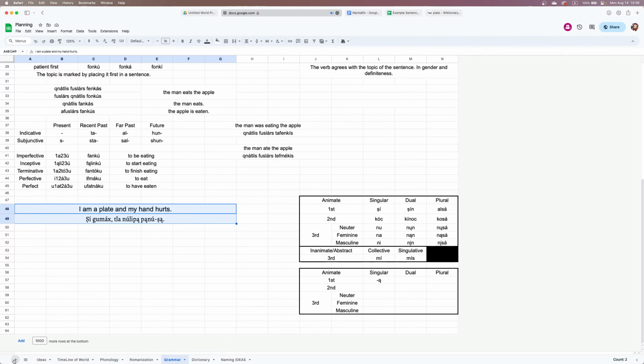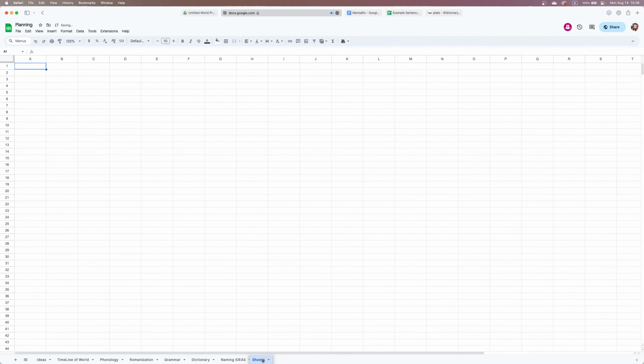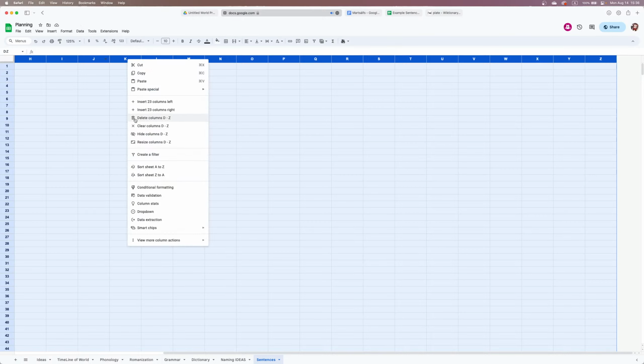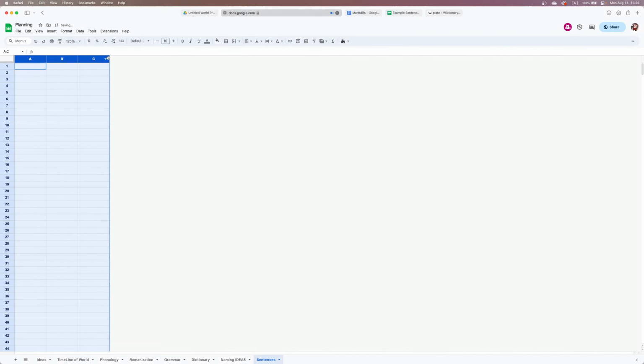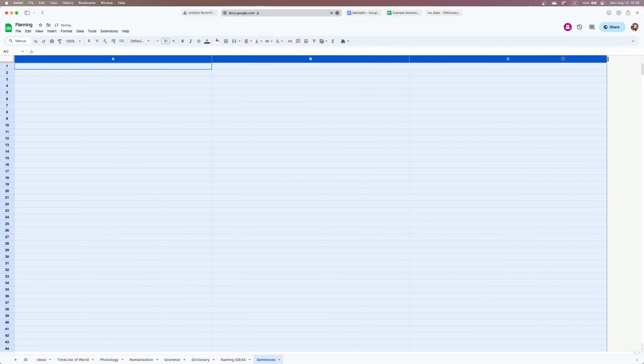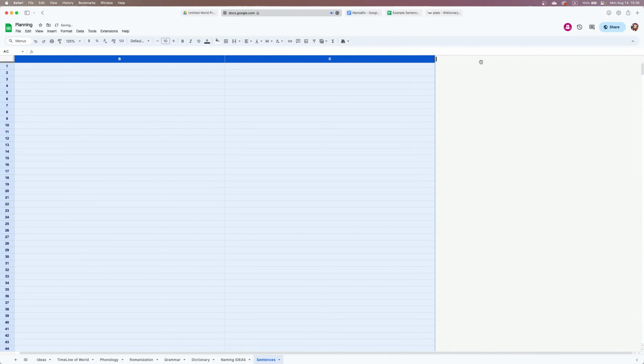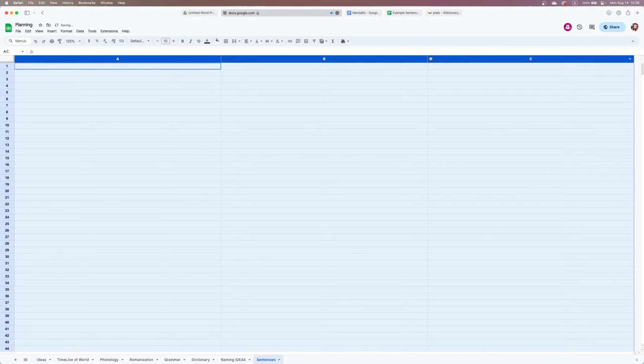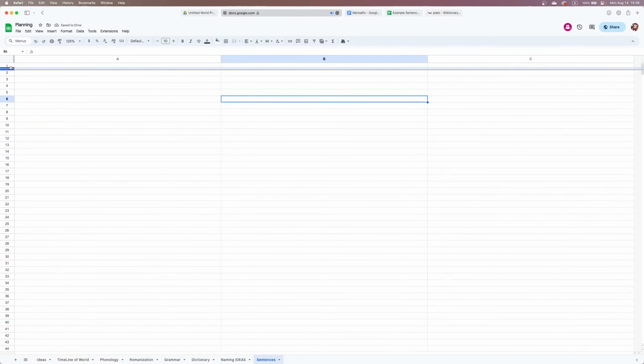which, let me actually make a new sentences. Delete those, widen these. And now my favorite part, glossing. Oh, that's a bit much. There we go.